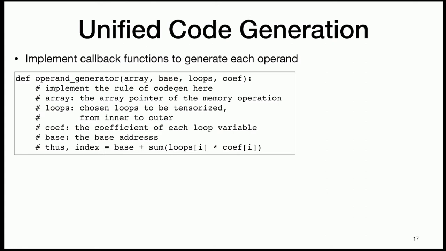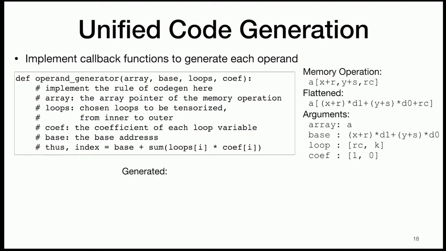For example, Intel AVX provides vector load store intrinsics to prepare the operands, but NVIDIA Tensor Core only offers opaque buffer load intrinsics. Therefore, here we expose a callback interface to the compiler developers, so that they can implement this function to generate the operands based on the information provided, including the array pointer and the data access pattern.